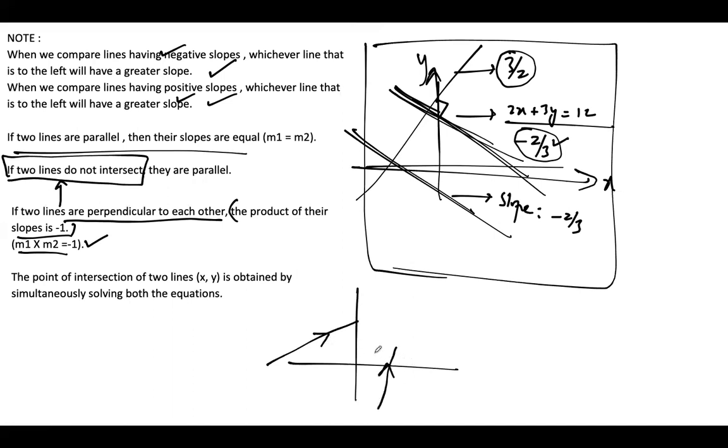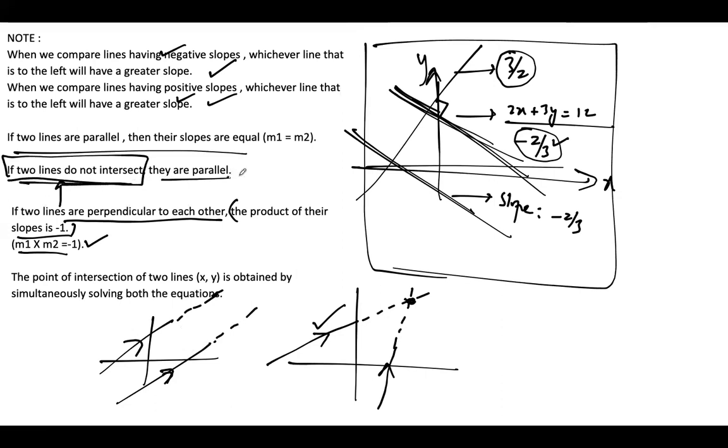Can we say that these lines are not intersecting? At some point they will meet, so these lines are intersecting. What about these lines? I'm saying they are parallel to each other. Are they intersecting? No, they are parallel, not intersecting. So if the two lines do not intersect, then they are parallel.